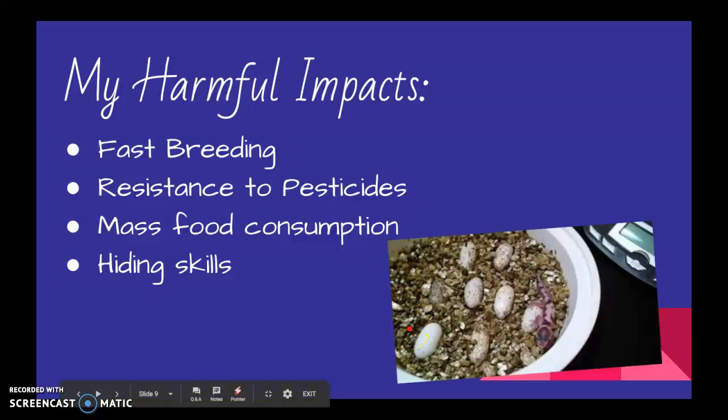The female gecko produces 2 hard-shelled eggs per clutch, and they usually produce about 2 or 3 clutches each year. The gecko's consumption of resources and their ability to occupy different types of niches is the main concern. The Mediterranean geckos' ability to hide in cracks helps them survive all types of weather.